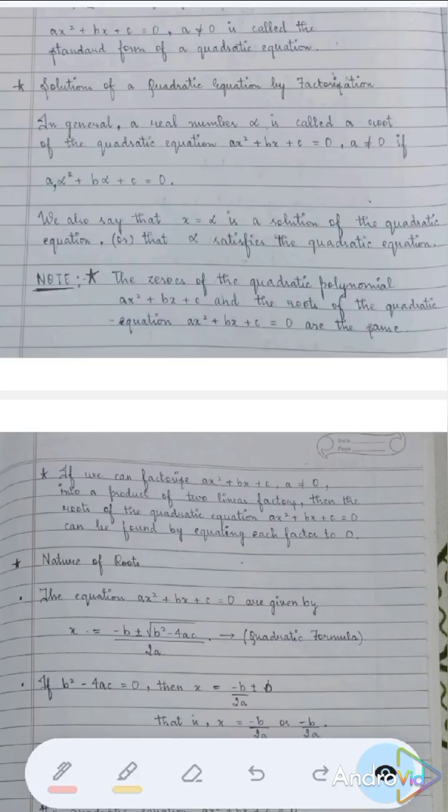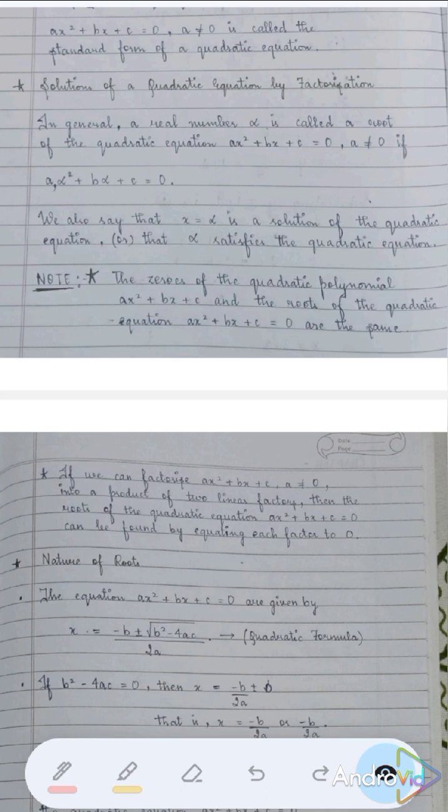Next is the solutions of quadratic equations by factorization. How do we find solutions of a quadratic equation by factorization? In general, a real number alpha is called a root of the quadratic equation ax square plus bx plus c equal to 0, where a is not equal to 0, if a alpha square plus b alpha plus c equal to 0.